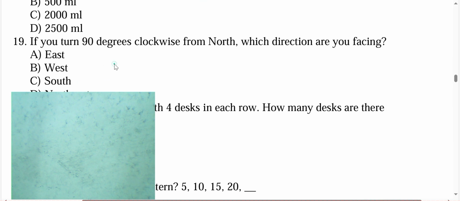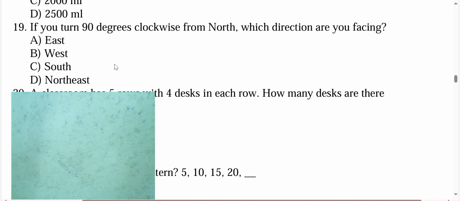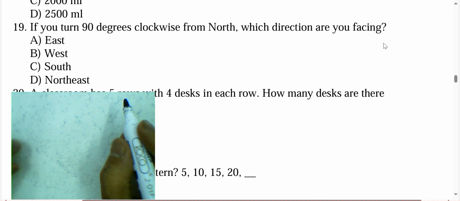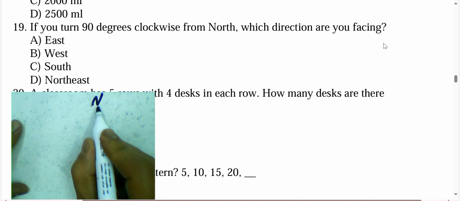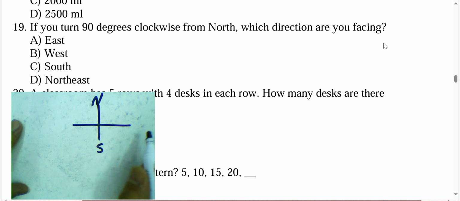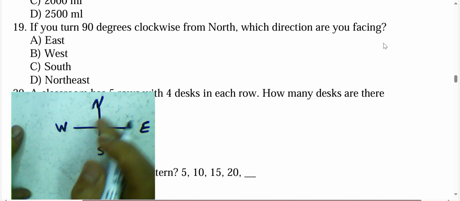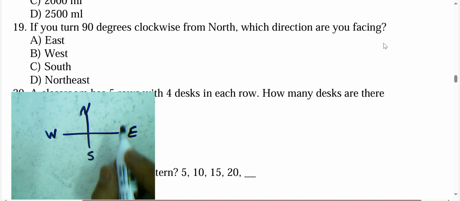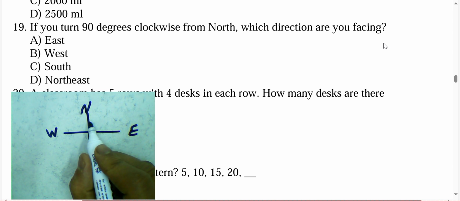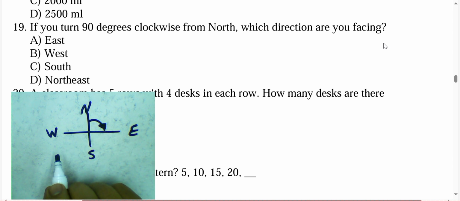Number 19. If you turn 90 degrees clockwise from north, which direction are you facing? Okay, we have the directions north, south, east, west. He told us if you turn 90 degrees clockwise, clockwise means with the direction of the clock.